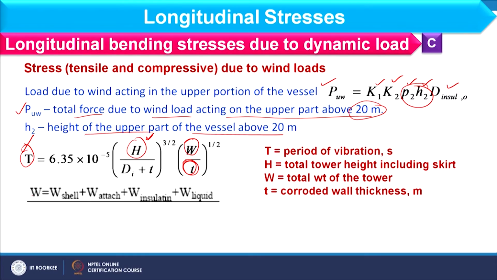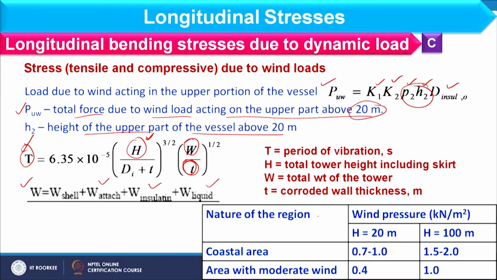So, as far as total weight is concerned, that should be weight of shell plus weight of attachment, weight of insulation, and weight of liquid. All these weights we have to consider, right. So, if the period of vibration is more than 0.5, K2 should be 2, otherwise it should be 1.